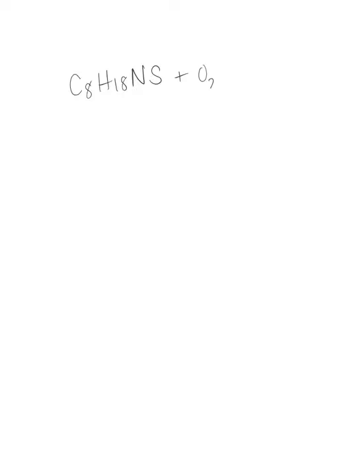So if I add oxygen to that, I'm going to get CO2, I'm going to get carbon monoxide, I'm going to get my water, I'm going to get sulfur dioxide, because any sulfur on the left side has to produce a sulfur compound, and it's usually going to be sulfur oxide. And then nitrogen oxides, often we'll say NOx, but for simplicity, I'm going to say NO2.